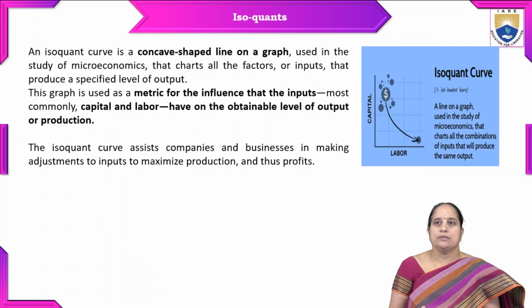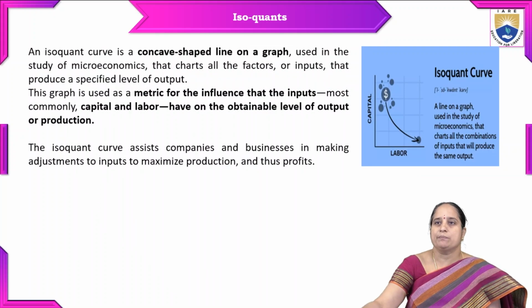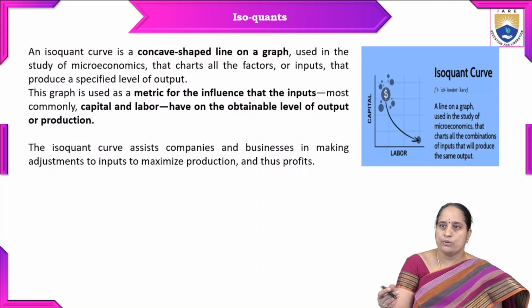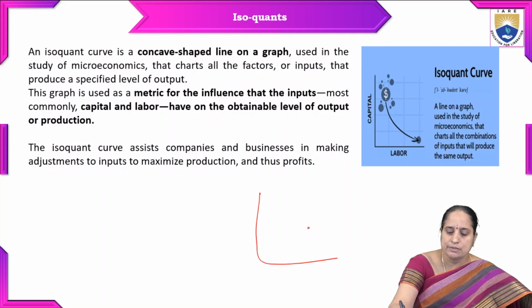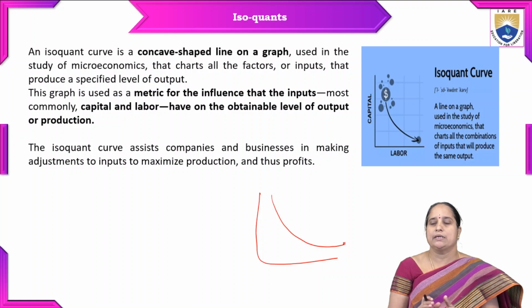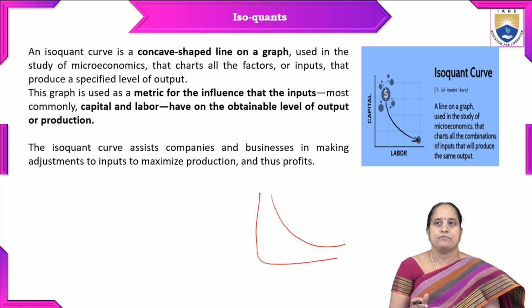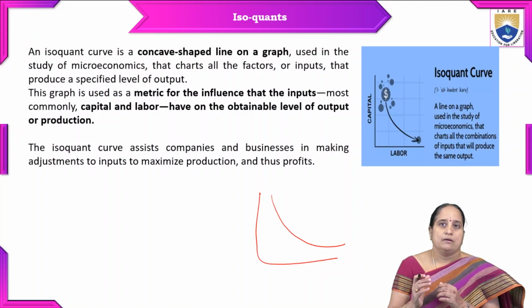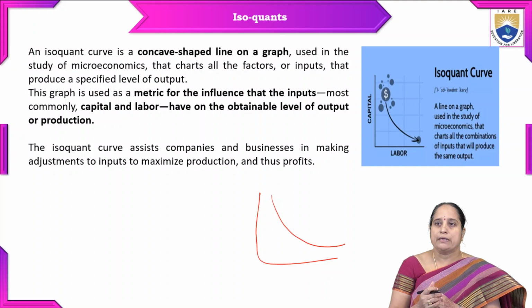An Isoquant curve is a curved line on the graph. If you observe, we always get this kind of curve, which is used to study microeconomics, and it charts the factors or inputs that produce a specified level of output.